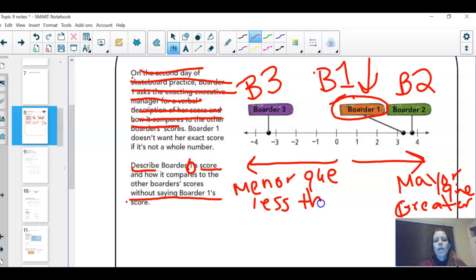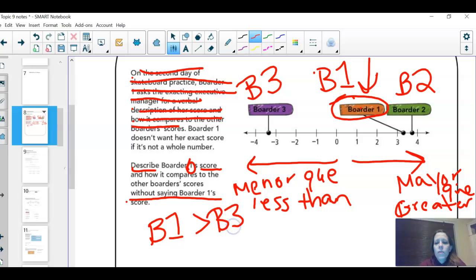So let's think of a way that we can compare them. I could say B1 is greater than B1 es mayor que B3. How would I finish B1 and B2? ¿Cómo puedo comparar B1 y B2?